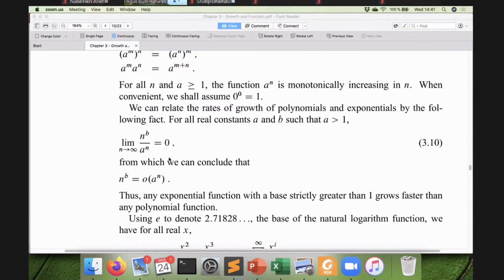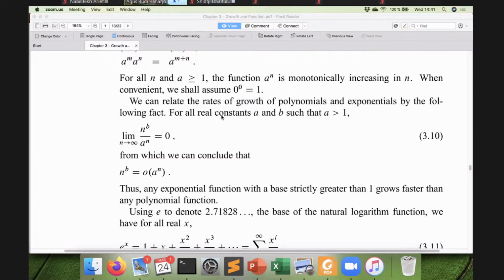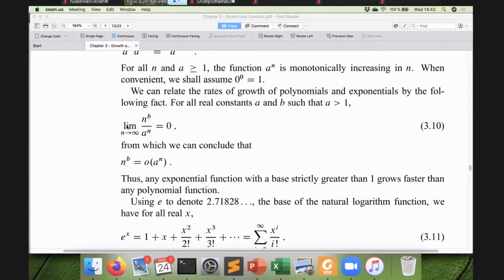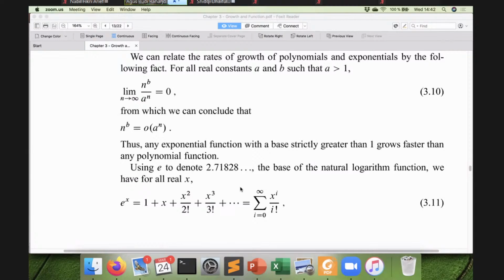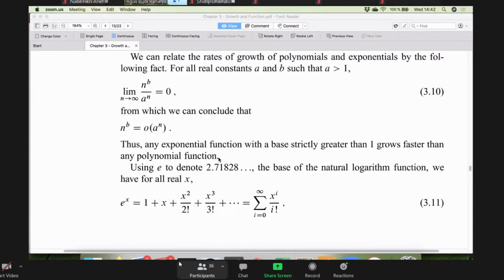It's useful. So for all real constants a and b, such that a is more than 1 and b is greater than 0, you can conclude that any exponential function with base strictly greater than 1 grows faster than any polynomial function. This is important.